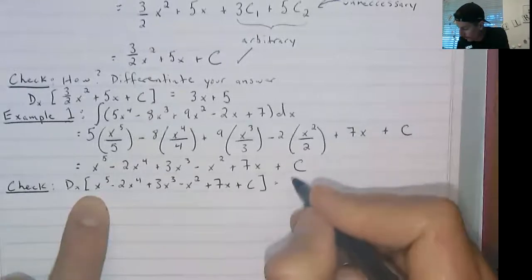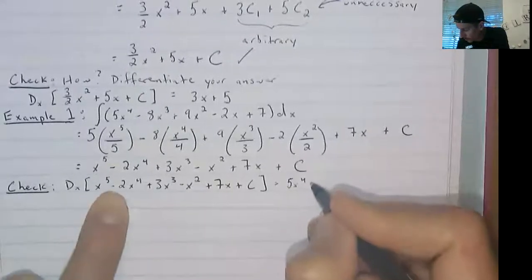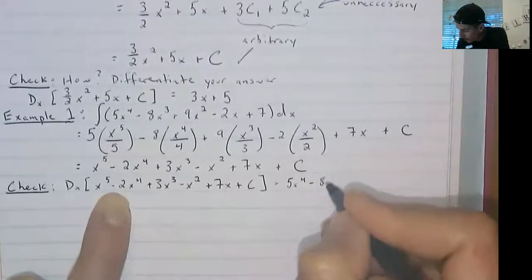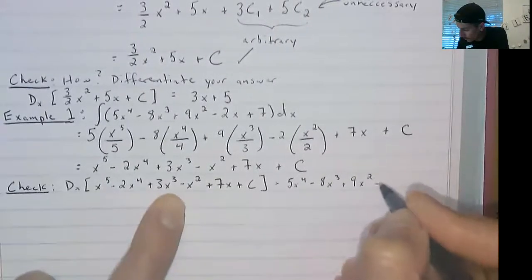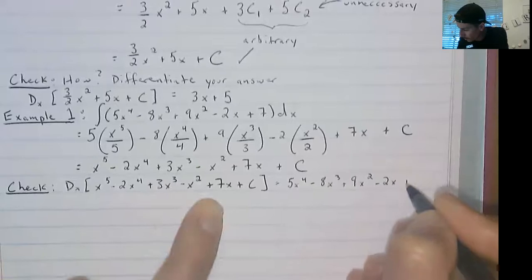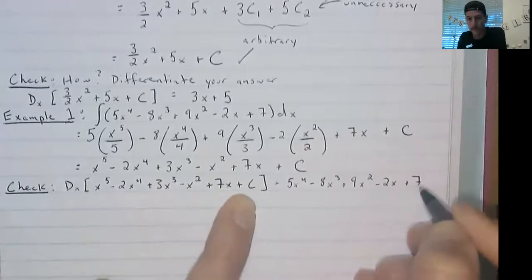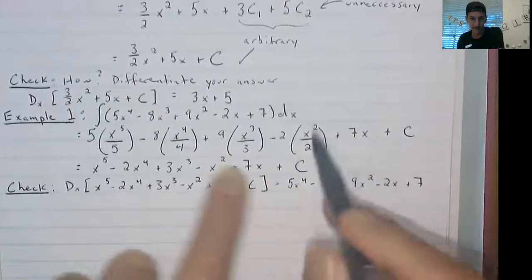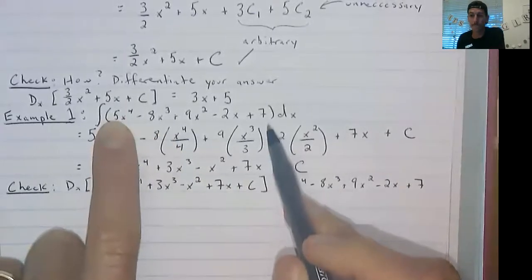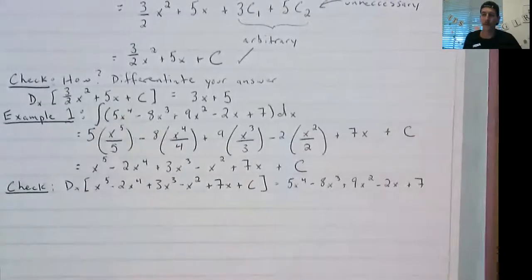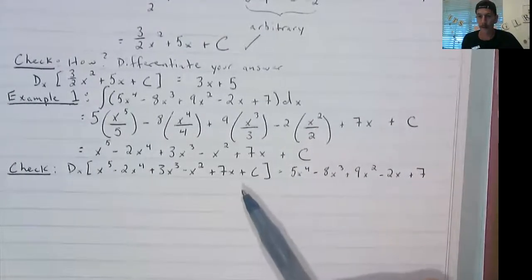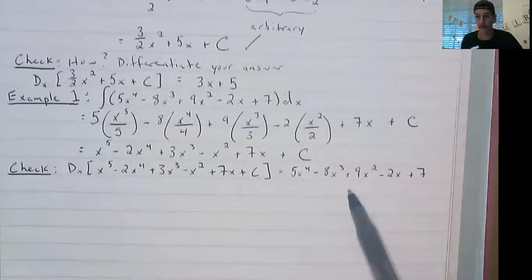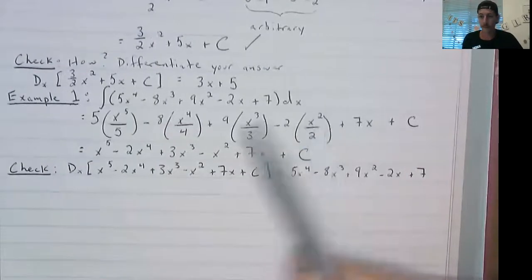Derivative of that is 5x to the 4th minus 8x cubed plus 9x squared minus 2x plus 7 plus 0. Is that where we started? Well, happy day. Okay, so you have that reassurance each time you walk away from one of these problems that you have the correct antiderivative. If you don't get what you started with, you made a mistake somewhere, go back and find it.